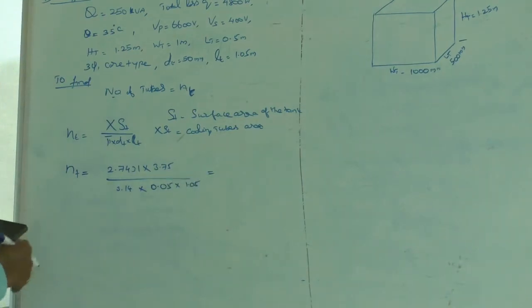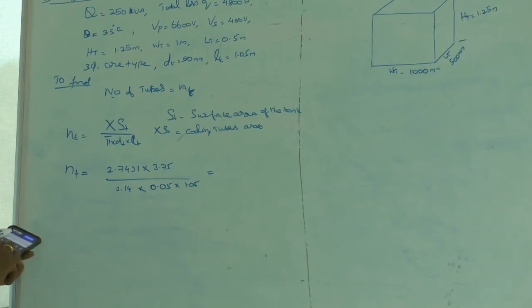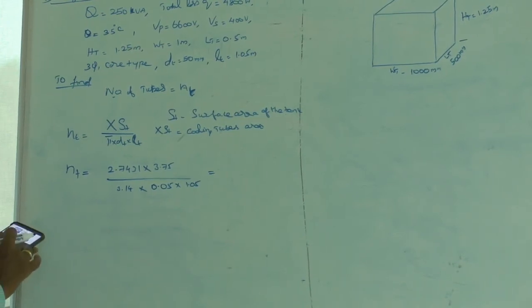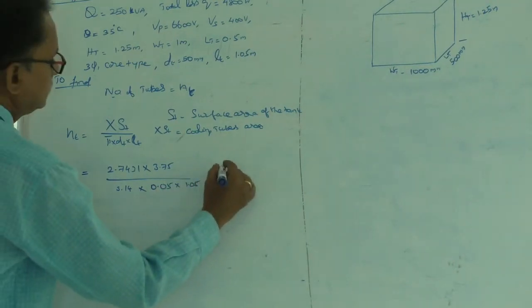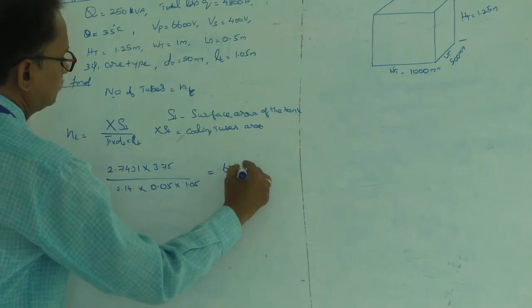You get the value of 2.7431 into 3.75 divided by 3.14 into 0.05 into 1.05, which is roughly 63 tubes.